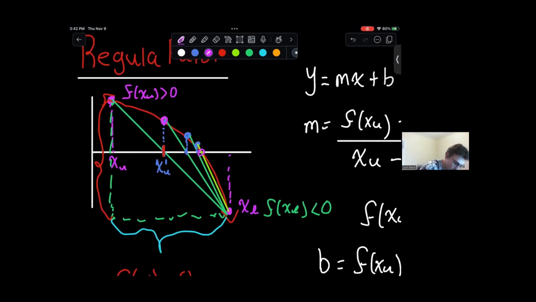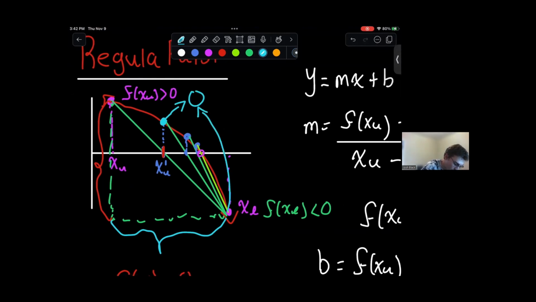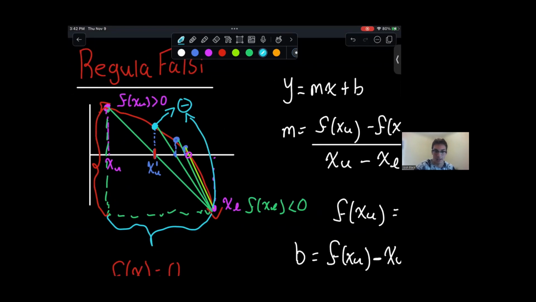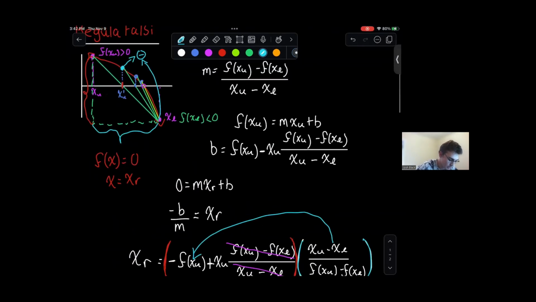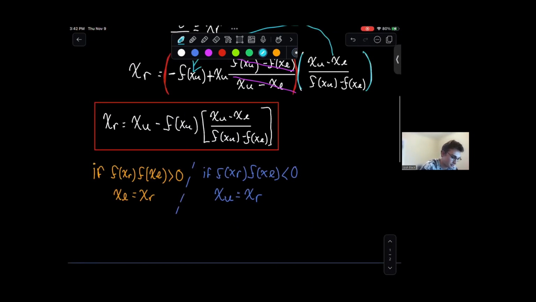My new f of xr is closer to the actual solution than previous. And then if I multiply this point by this point, well, I'm going to get a negative sign. So I'm going to replace xu.